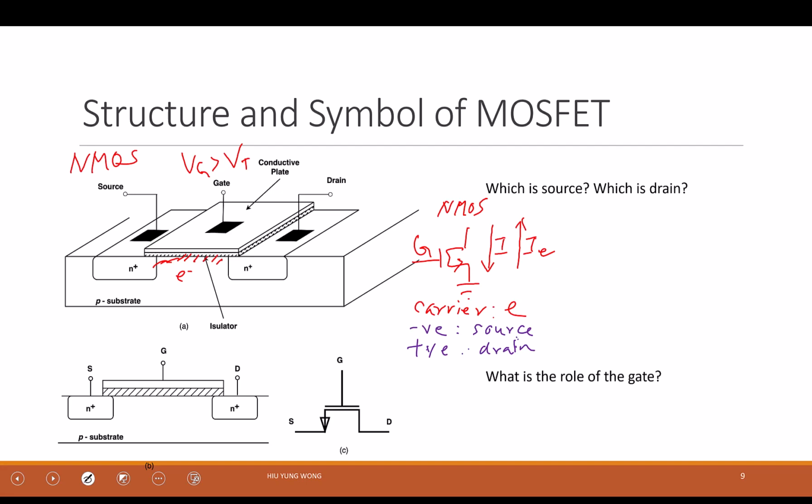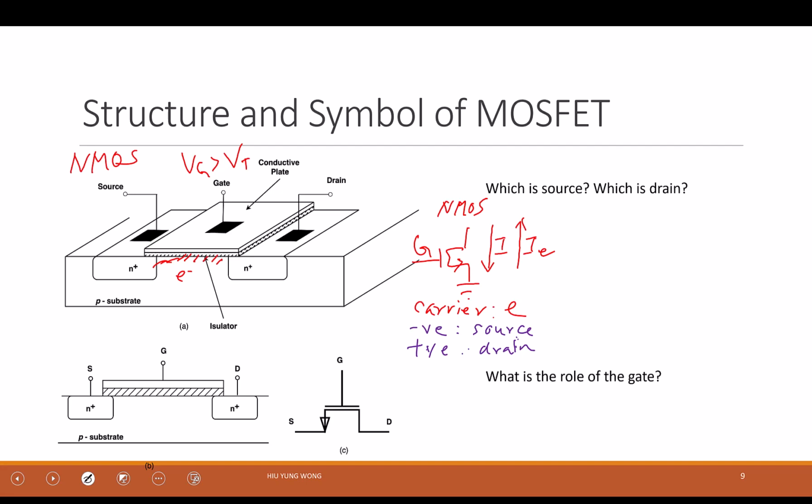Just like the sink in your kitchen, the source is the tap, right? The water comes from the tap and it is the molecule that is the carrier. It comes from the source and then goes to the drain of your sink. You turn the knob, that is the gate.